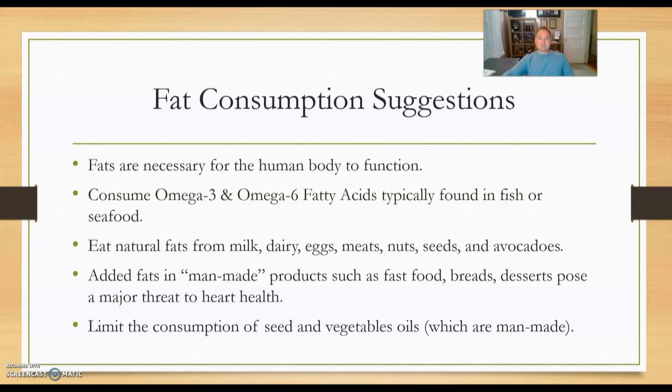And then limit the consumption of seed and vegetable oils, which are, again, man-made. There are articles and research about how seed oils and vegetable oils, because they're man-made, actually cause inflammation in the human body and in our stomachs, in our digestive system.